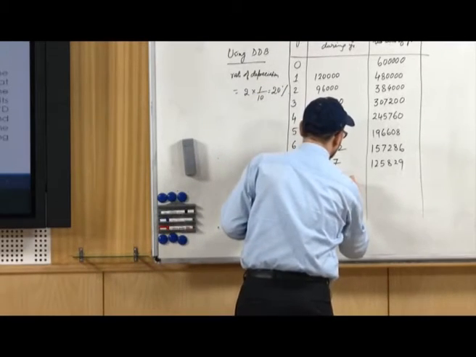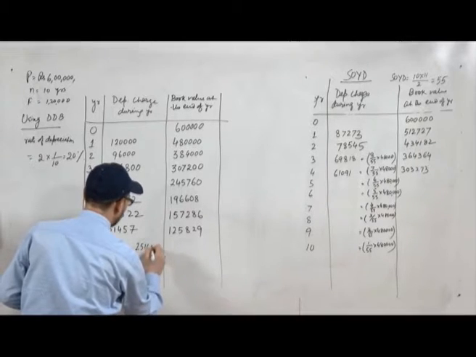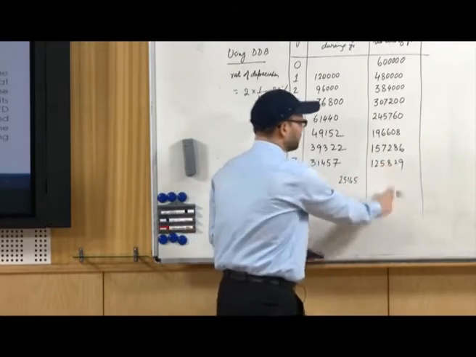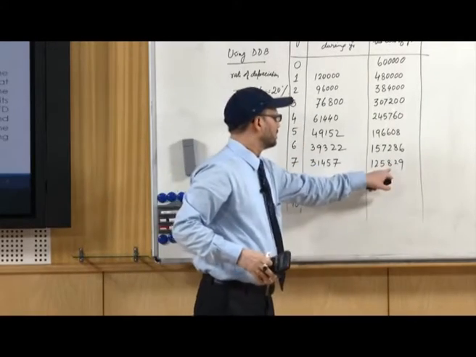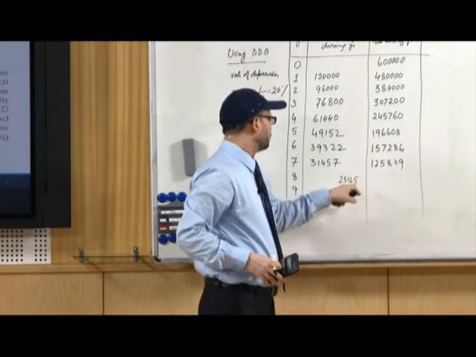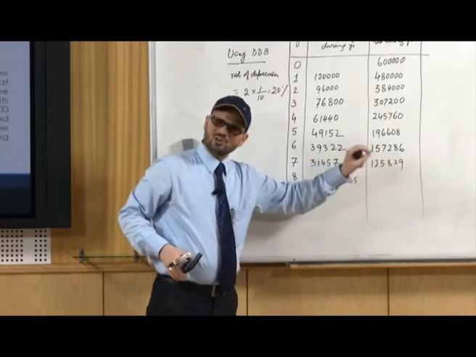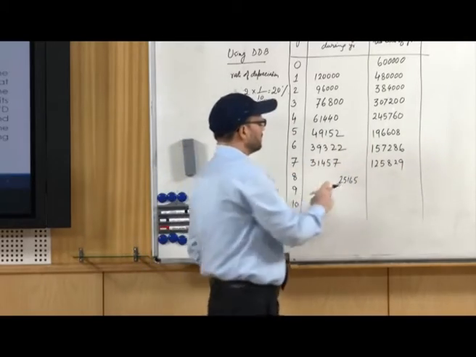So, if we take 25,165, then it is decreasing to a value something close to 1,04,000 or close so.